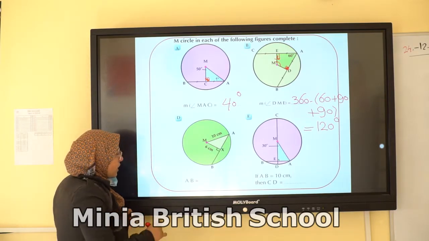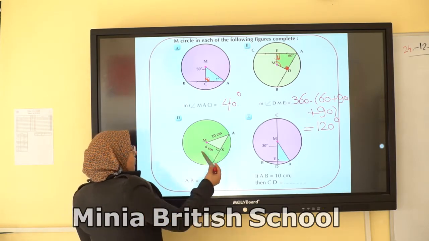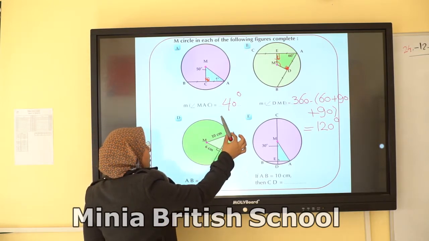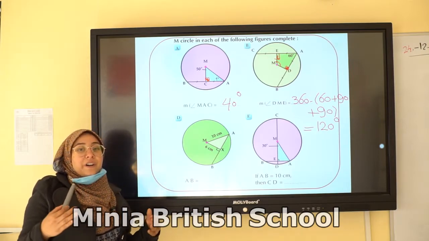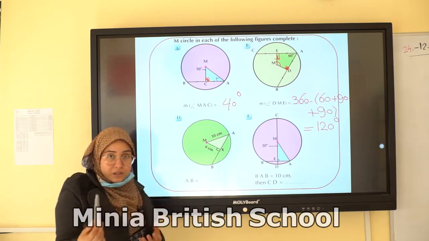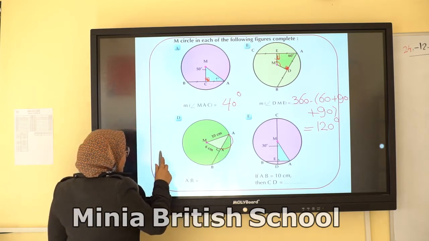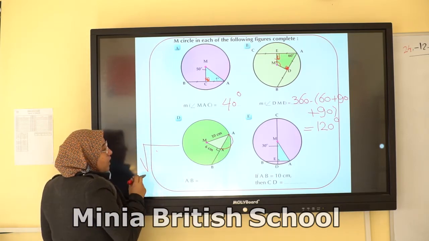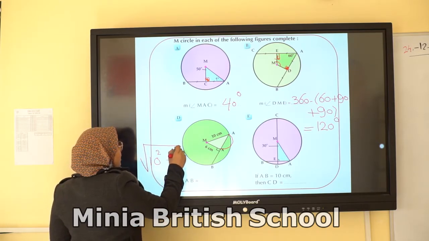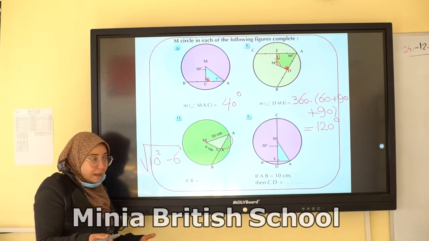Number D, AB. I need to find the length of AB. Here, MX is perpendicular to AB. Therefore, I can find the length of AX from the Pythagoras theorem. So AX equals the square root of 10 power 2 minus 6 power 2 equals the square root of 64 equals 8.